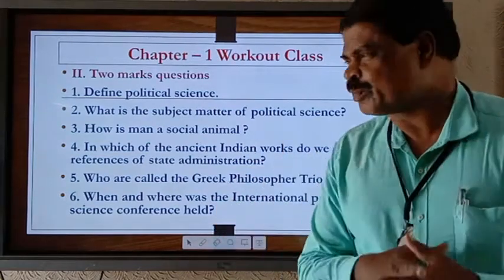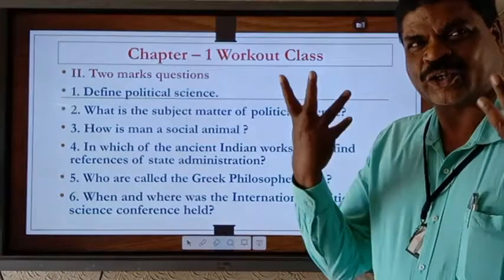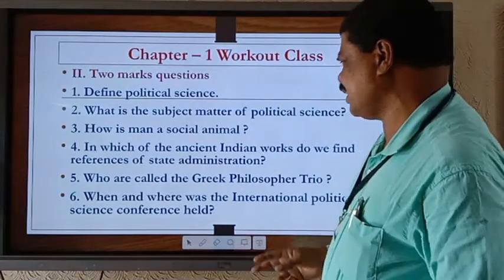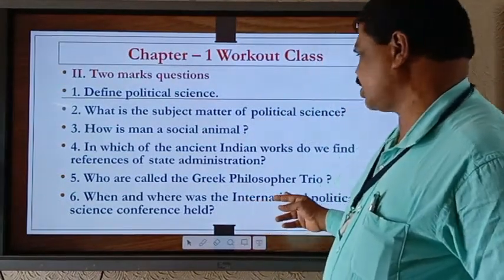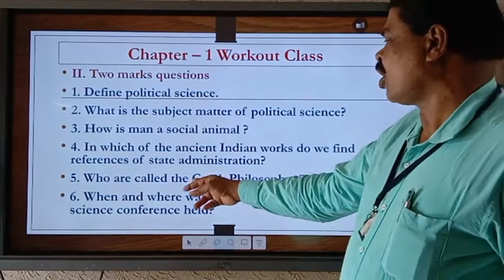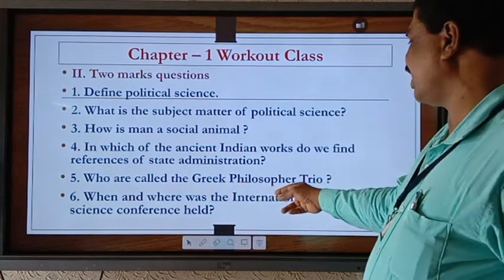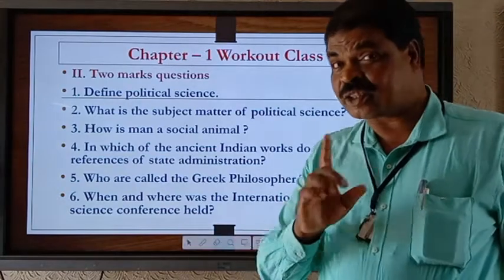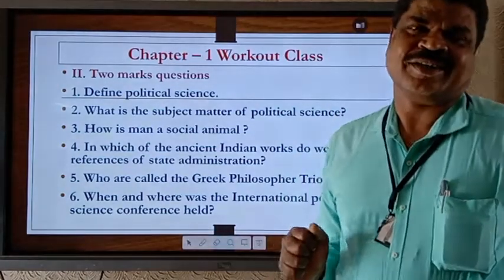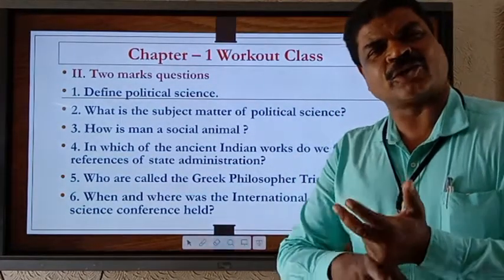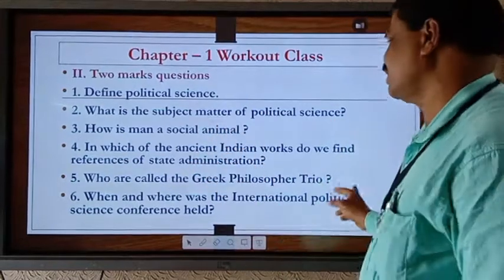You can give Kautilya, Kamandaka, Sukra. Then we can move to one more question: who are called the Greek philosopher trio? Socrates, Plato, Aristotle.